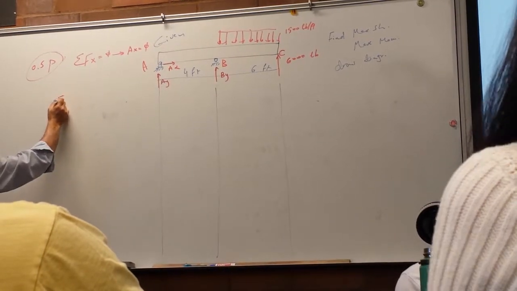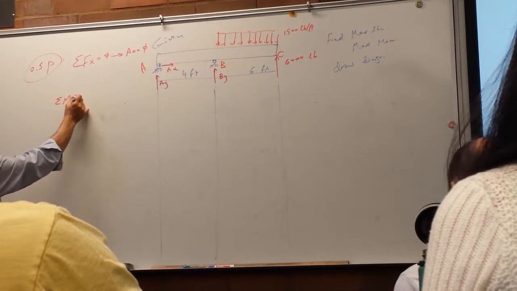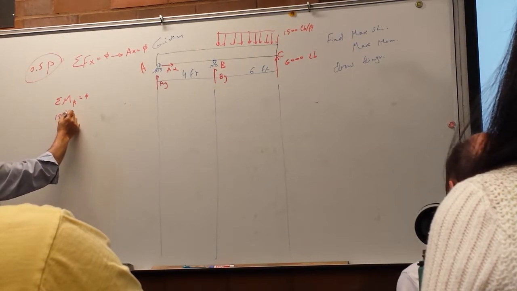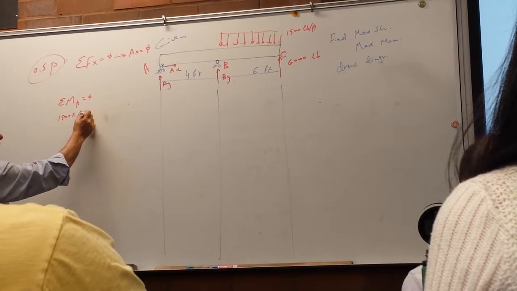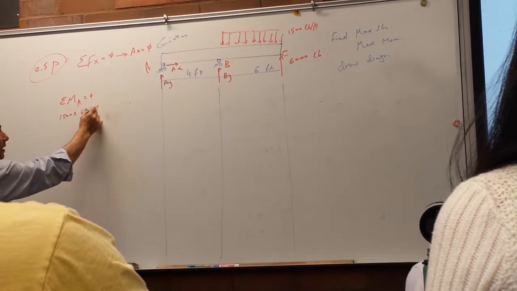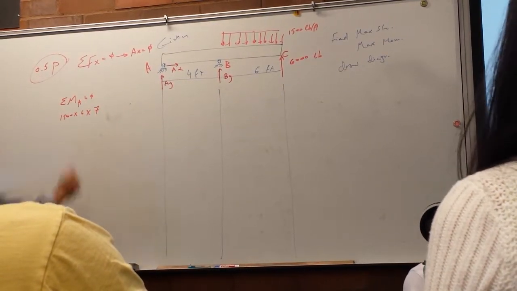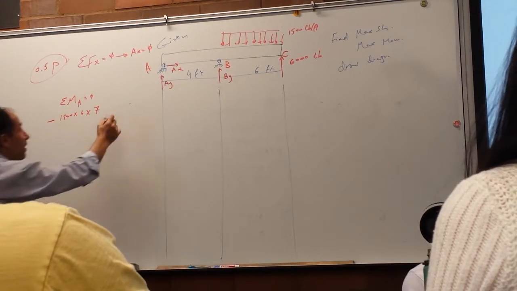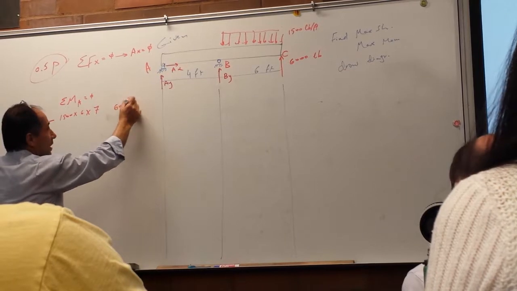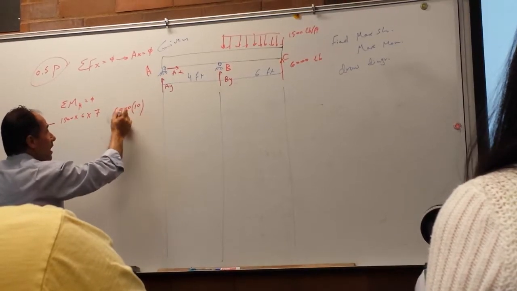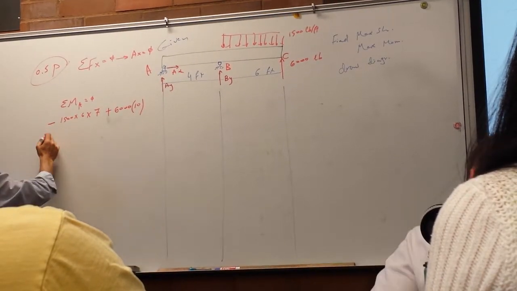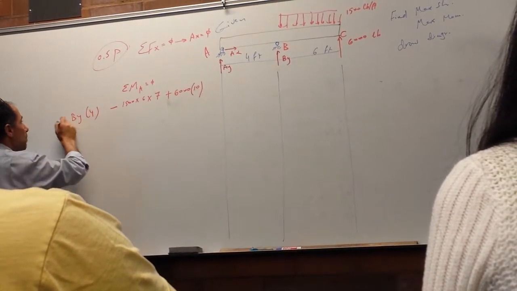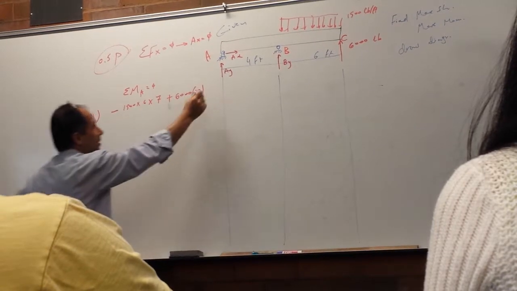Sum of the moment at A equals 0. I have 1,500 times 6 times 7. Everybody agrees on the 7. Rotating this way is negative. 6,000 times 10 is positive, and BY times 4 is positive, equals 0.